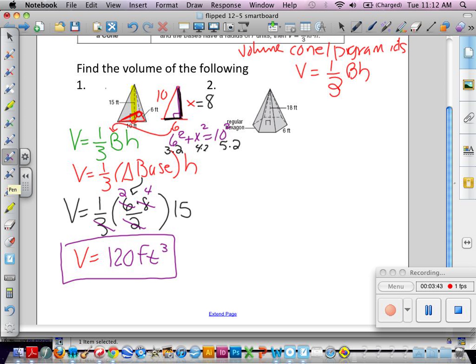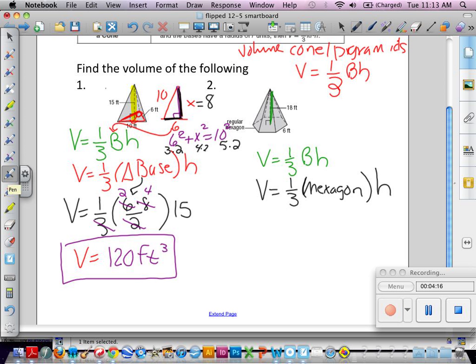Looks like I have a hexagonal pyramid. So I have a pyramid, so I'm going to use my same formula. Volume equals 1/3 my base area times the height of the prism, and I can see the height of the prism is 18. So my volume equals 1/3. I need to find the hexagon area, and then I need to times it by its height.